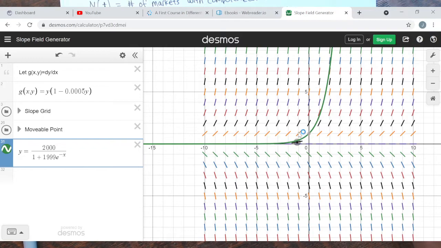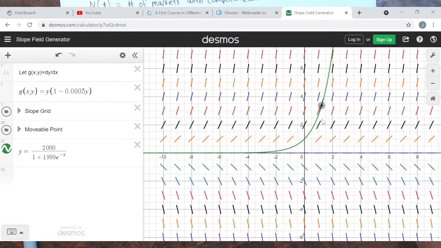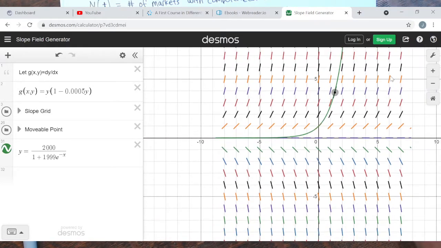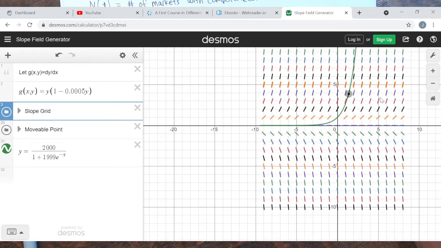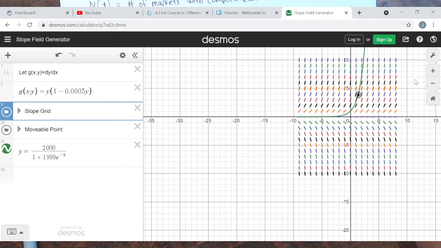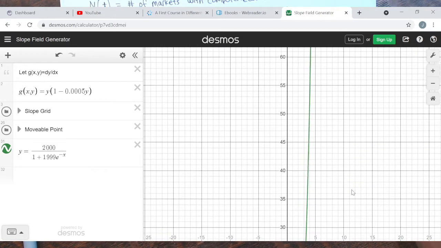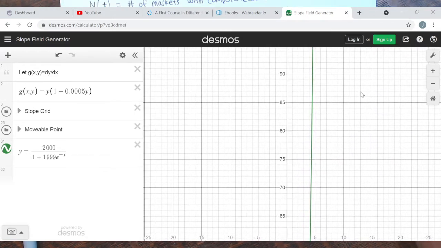Now you can see that in the parts that actually have slopes, the slope field is working out. See this green solution curve, every time I move a point onto that curve, the slope is pointing in the direction of the curve. It actually fits the slope field really well. Now if I scroll out, I have to scroll out quite a bit here. See how the population is increasing rapidly in the beginning, for small values of t.